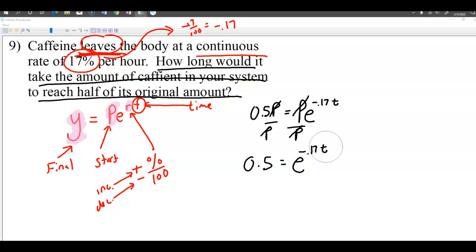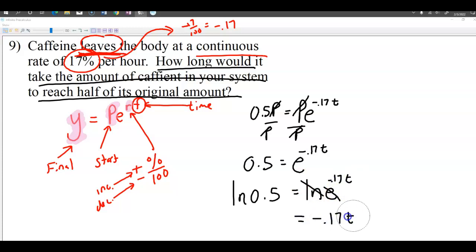And then from there, we're going to log both sides. We're going to do it with a log of base e. And as you may know, when you do a log of base e, that's an ln. So these cancel each other out, and I'm left with negative 0.17t.